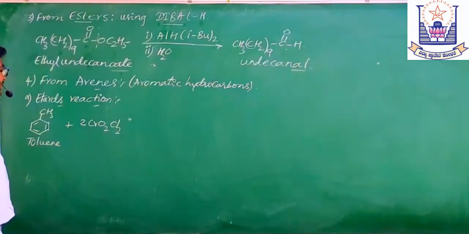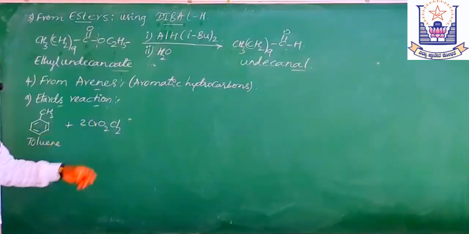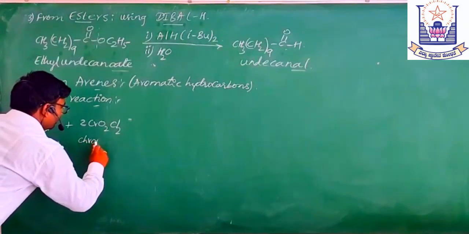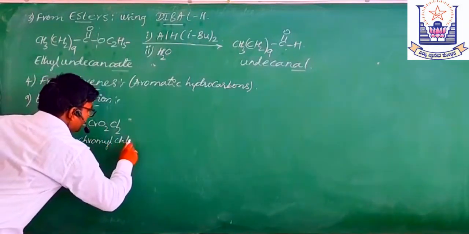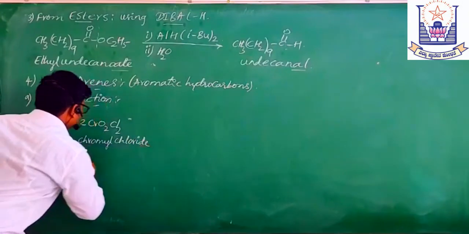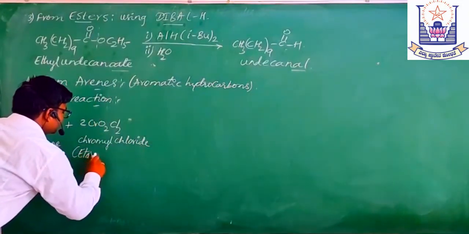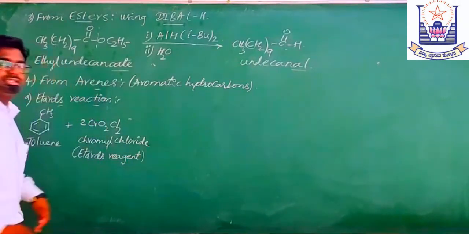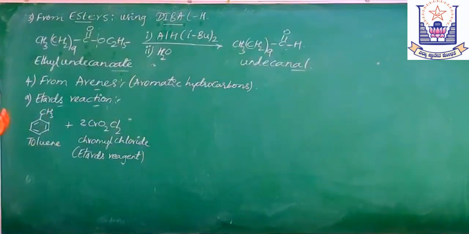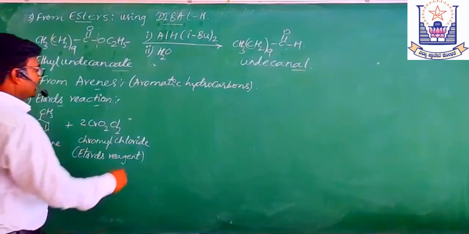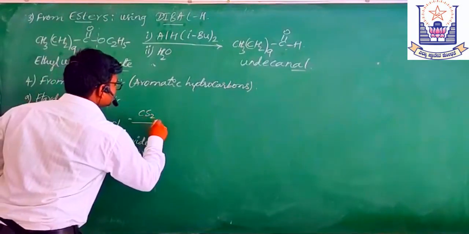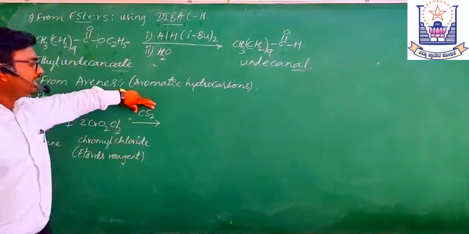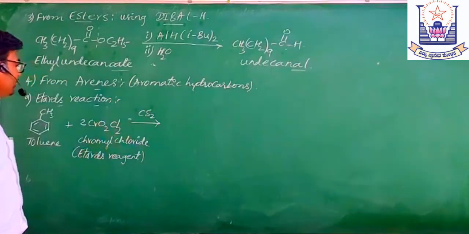This is also called Etard's reagent. When this toluene is treated with chromyl chloride in the presence of carbon disulfide, a less polar solvent.